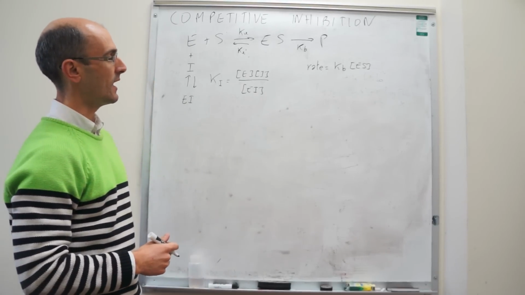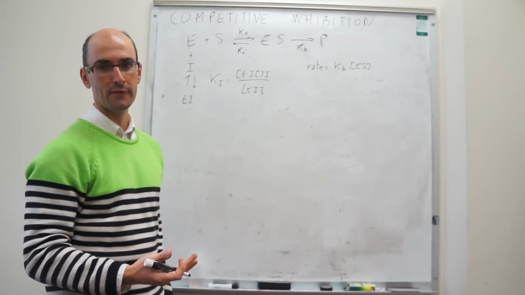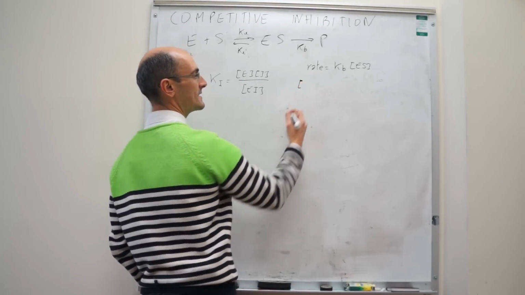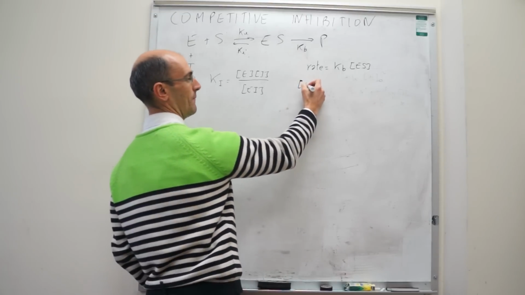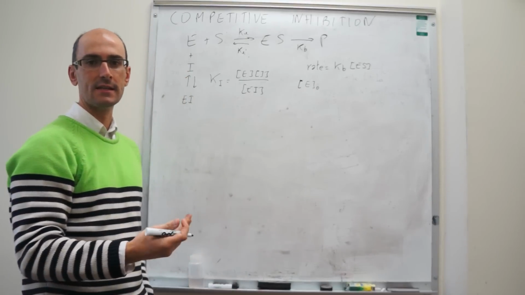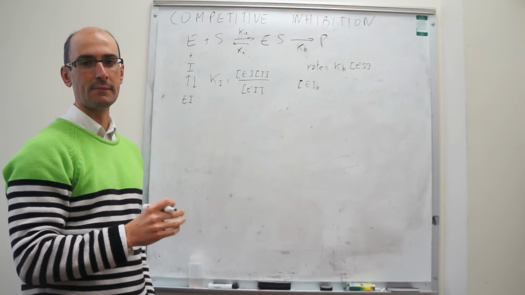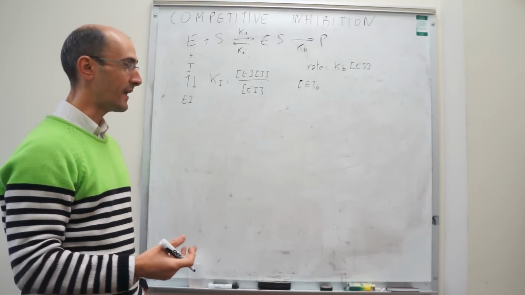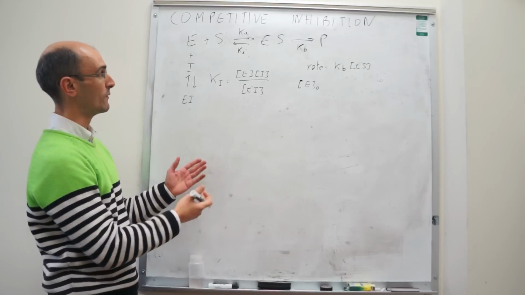Well, what we're going to start with is the mass balance of the enzyme. At the start of the reaction, before any substrate or inhibitor have bound, the concentration of enzyme that you have is something that is set, that's a constant. This is the concentration of enzyme at time 0. Now, once the reaction has started, that enzyme can be distributed in many different places.